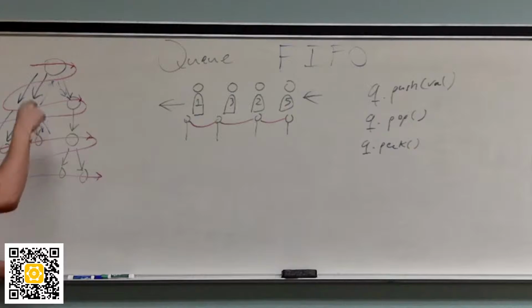Let's say we process this one first, and then we push all of its children. Then we pop that out and work with the next first element, which is this one. We push all of its children to the queue, and then we pop this one, and so on. The one after this is the next in the queue, which is its sibling.